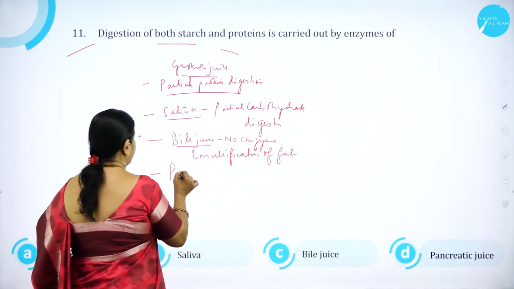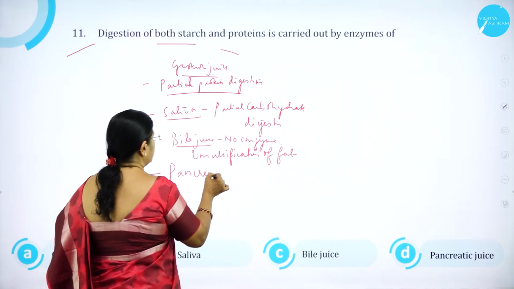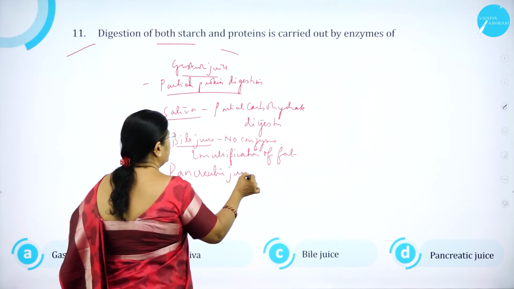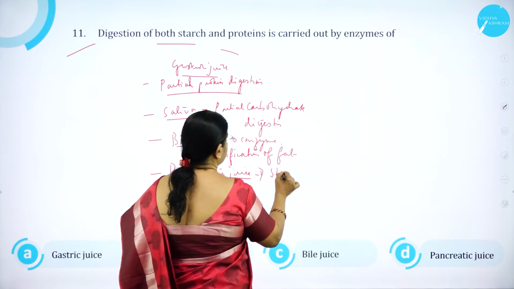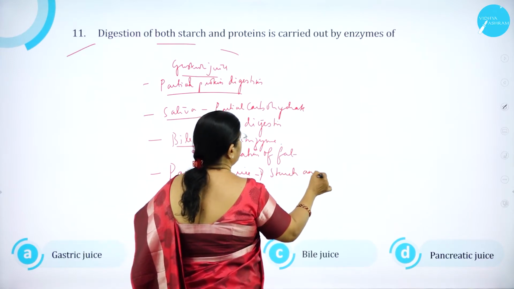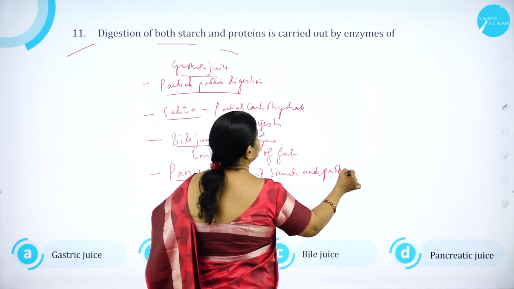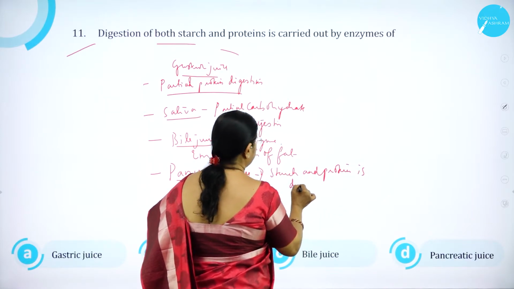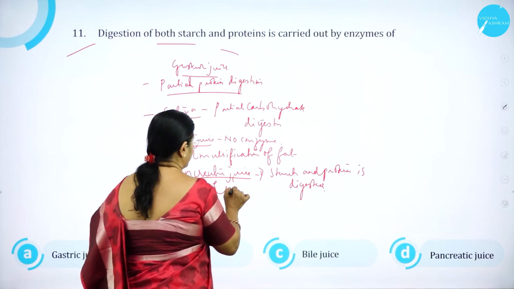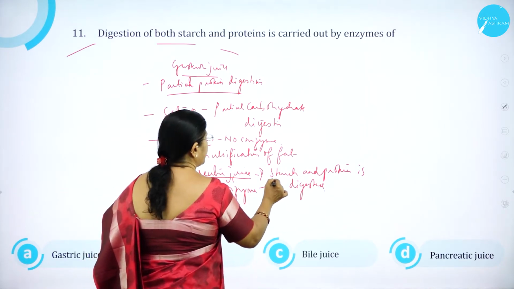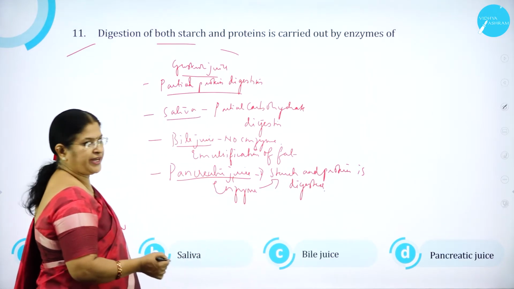Then pancreatic juice contains the enzymes which can digest what? Starch and protein.